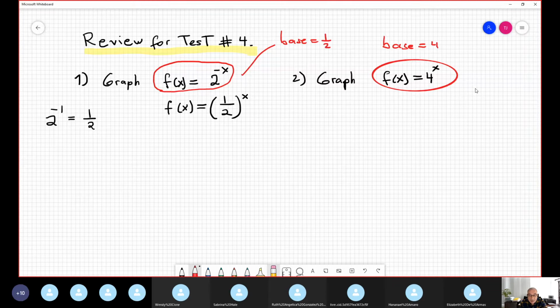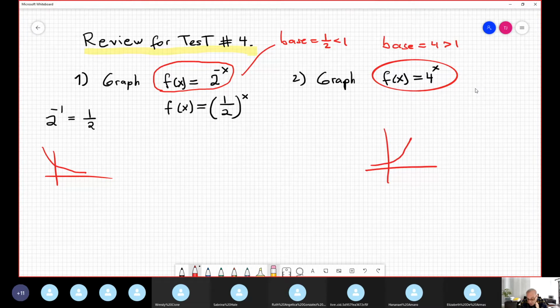When the base is less than 1, it looks like that. When the base is greater than 1, it increases, like that.